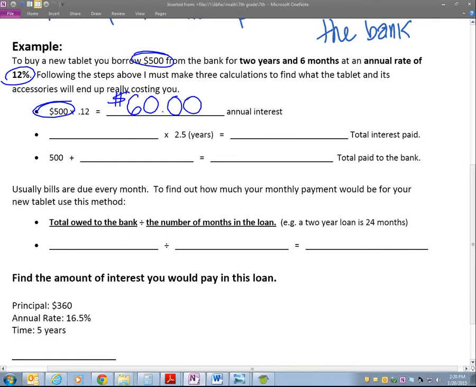It's going to be $60 of annual interest. Please stop playing with your pencils and pens. This one actually comes out nice and clean. Always need the units. Always use units.